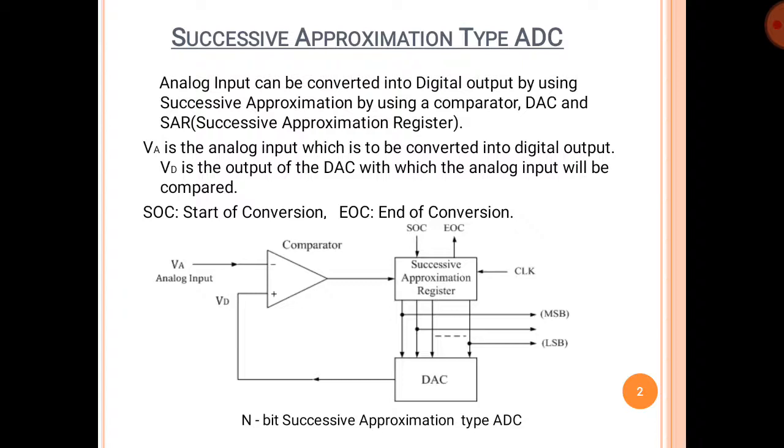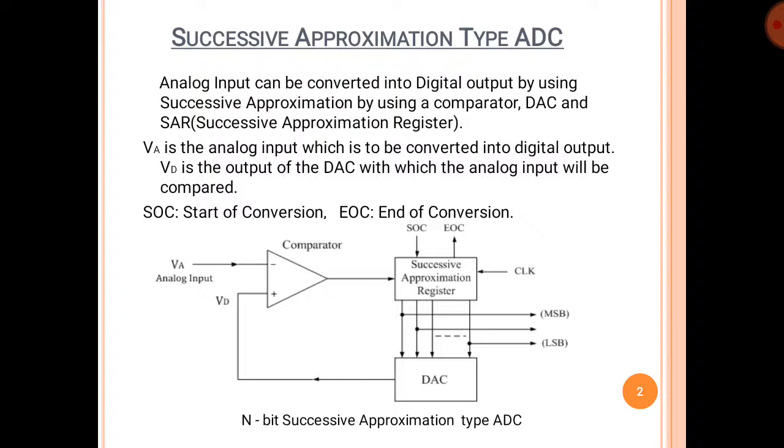The figure shows the n-bit successive approximation type ADC, which uses a comparator, a successive approximation register, and a digital to analog converter. The comparator compares the external analog input VA with the voltage VD, which is the output of the DAC.